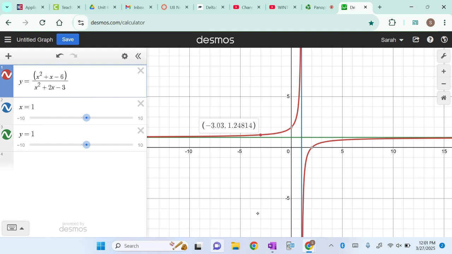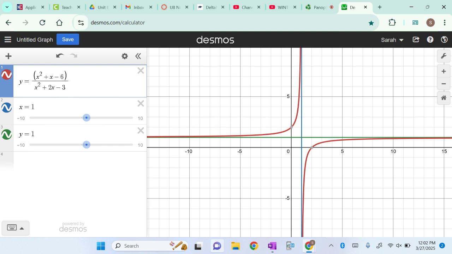Do you see what happens when I'm hovering over -3? What does it say for the y value? It's undefined, and it actually shows that little tiny hole there. It doesn't originally graph it, but if you hover your pencil over it, it will say it's undefined there. So there actually is a hole, or a point that's undefined.